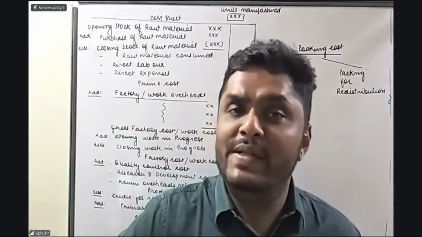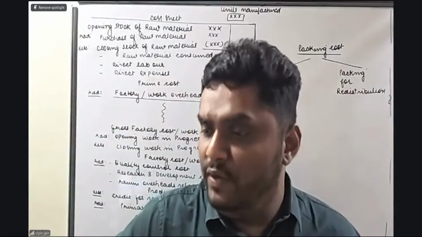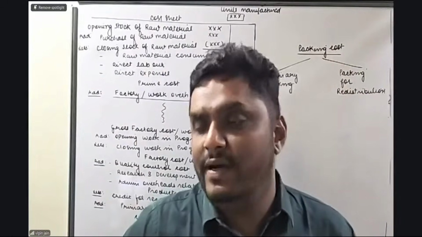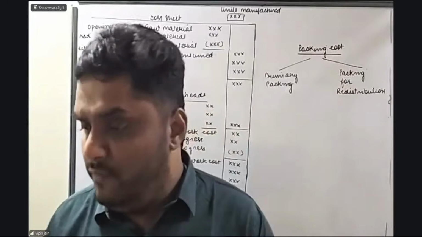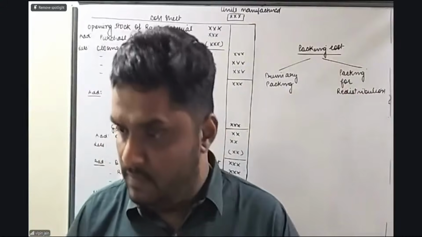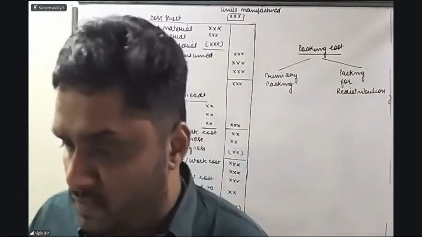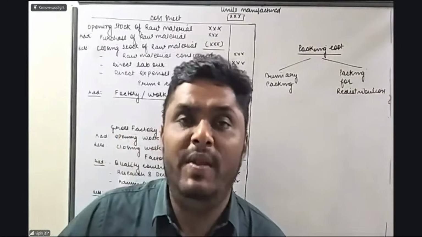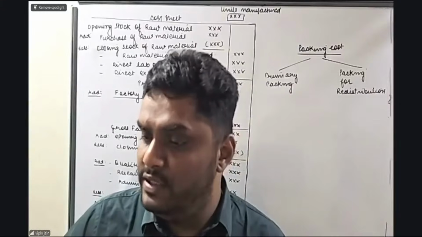Can anyone give me examples of primary packing cost and packing for redistribution? If you guys have a rough idea, waiting for your comments. Can anyone tell me what is primary packing cost and what is packing for redistribution?